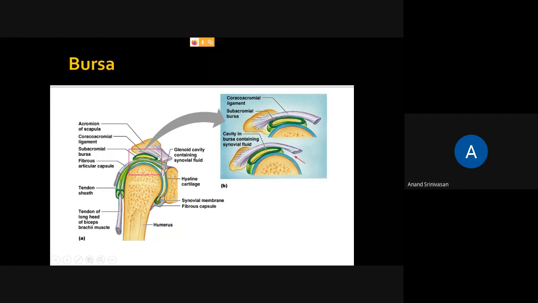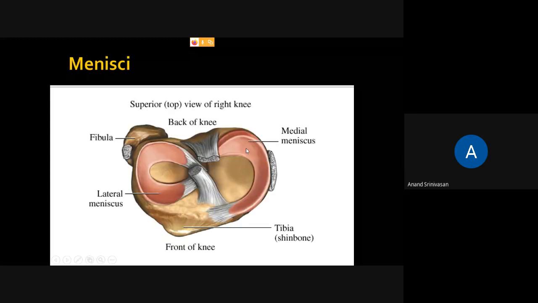At certain places bursa is located. Now the menisci. This is the knee joint. Inside the knee joint, you can see the meniscus. These are some of the modifications of the synovial joint.